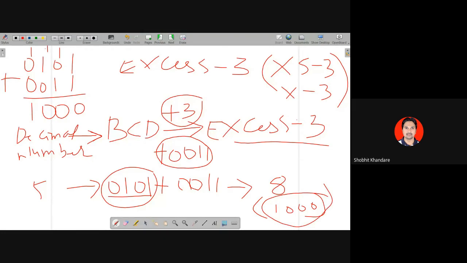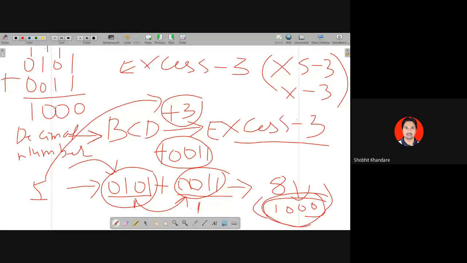Okay, you can do either of adding this BCD of 5 with 0011, or directly 5 plus 3. मैंने बताया था plus 3 करो. तो आप डायरेक्टली 5 plus 3 करके आपको 8 आता है, उसका इक्विवेलेंट BCD लिखो, ये भी कर सकते हो. या फिर 5 को BCD में कन्वर्ट करके उसमें 0011 को ऐड करो, जो आपको आंसर आता है वो यहाँ पे 1000. So whatever you think, you can write it down.